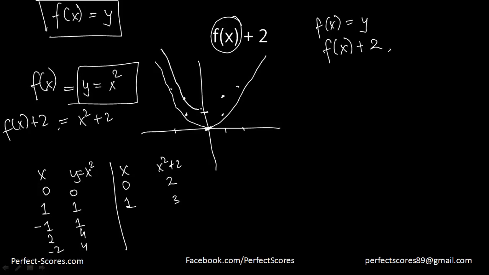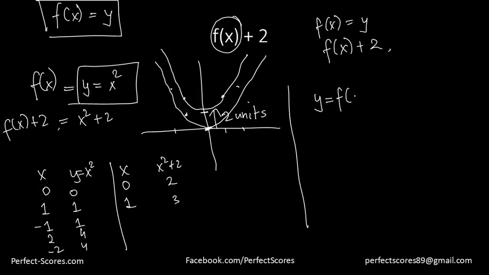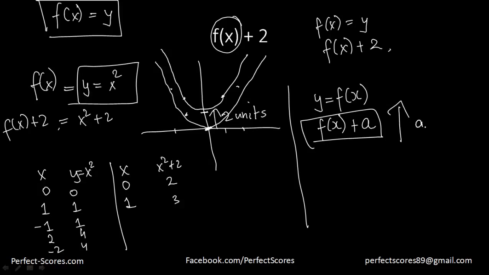That means this graph is going to shift up by 2 units, which means for any quadratic function y is equal to f of x, if I do f of x plus a, the graph is going to shift up by a units.